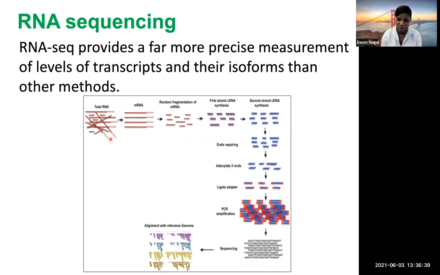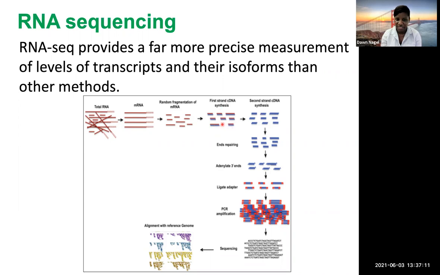You can isolate all of the possible RNA versions in the genome by using other types of primers or ways to isolate those RNAs. But in this case, you're isolating the messenger RNA. Because they're messenger RNA, they're going to be long. You need to fragment them, you want to make them shorter because they need to be shorter for you to sequence them.